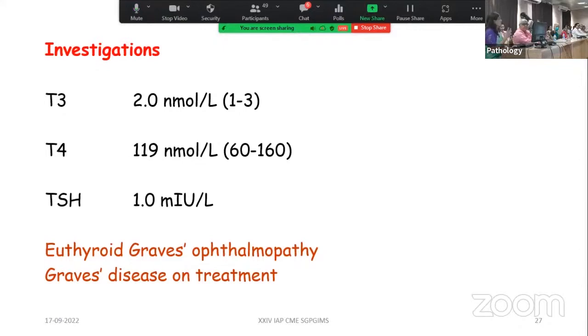Here comes the role. If the patient is euthyroid, or if the patient doesn't have ophthalmopathy or dermopathy, you want to know whether this patient has Graves' disease or is thyrotoxic because of any other cause. Here comes the role of measuring thyroid receptor antibodies, the TRAB antibodies as we call, because that tells you that this patient has autoimmune thyroiditis or Graves' disease.